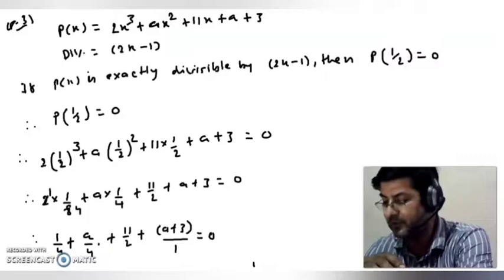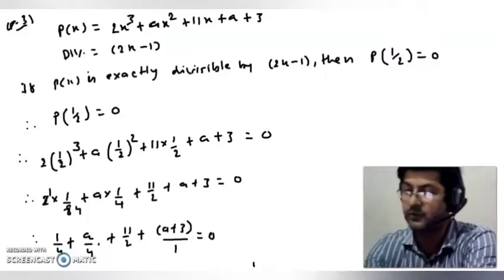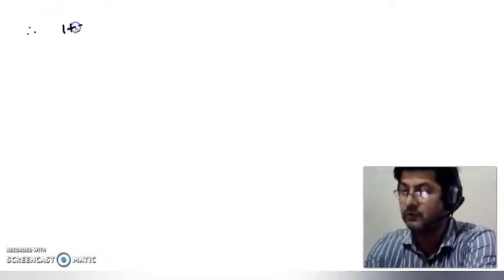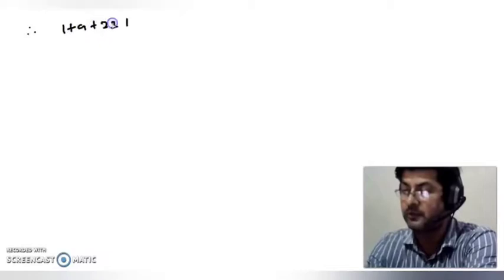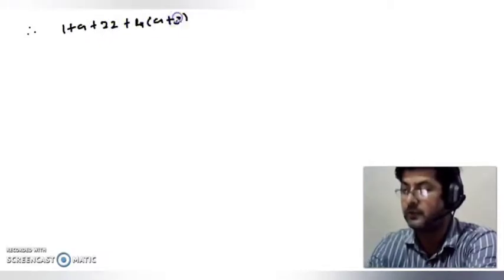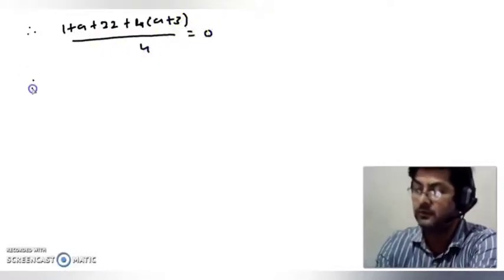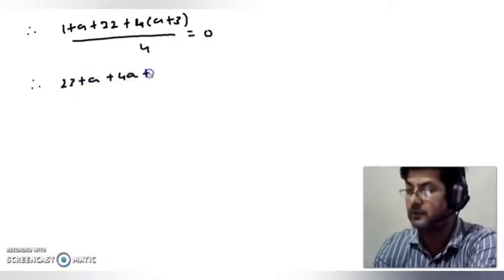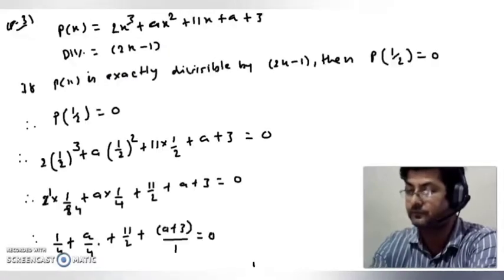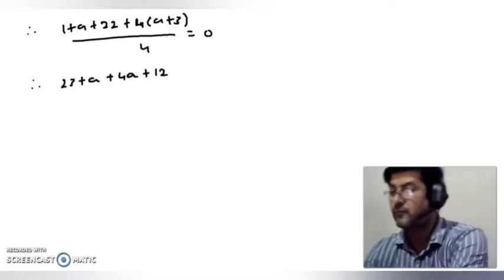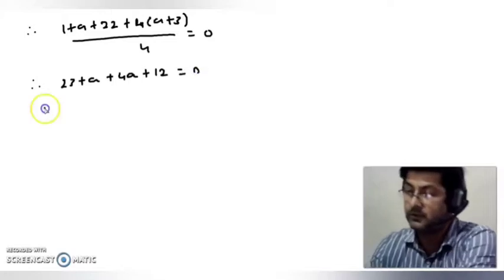So 1 plus a plus 22 plus 4 into (a plus 3) upon 4 is equal to 0. Therefore, 23 plus a plus 4a plus 12 is equal to 0.